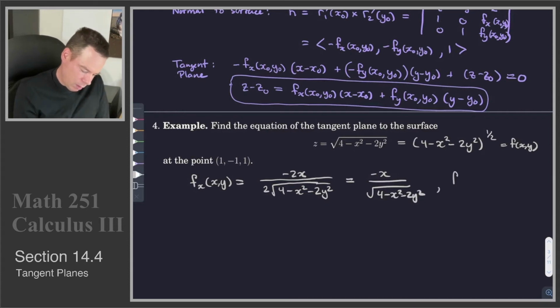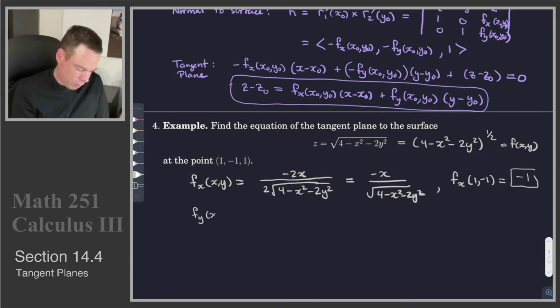We're really interested in the value of the partial derivative at the point in question. And so we want to know what is f sub x at (1, negative 1). So we can plug 1 and negative 1 in. The top becomes negative 1. The bottom becomes 4 minus 1 minus 2. So 4 minus 3 is 1. Square root of 1 is 1. So there is our value. It's just negative 1 for the x partial.